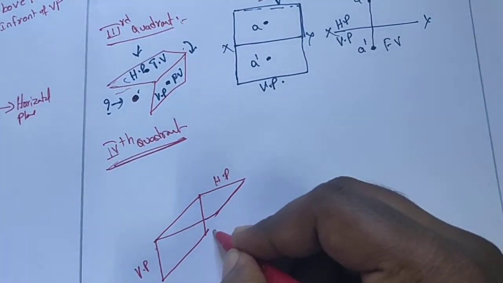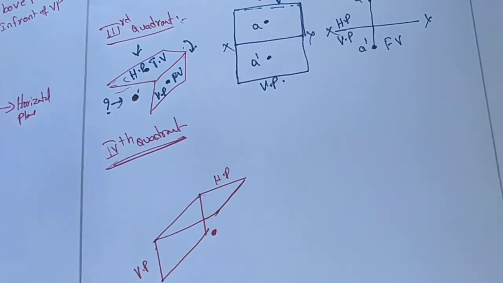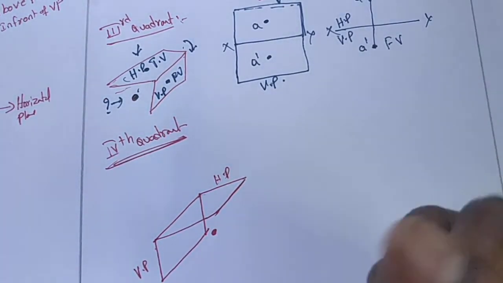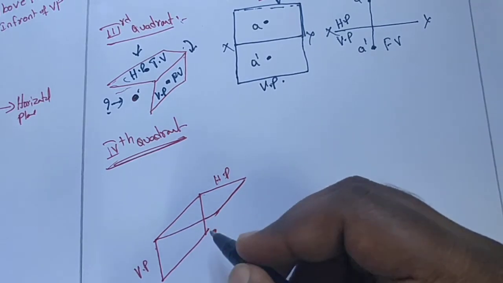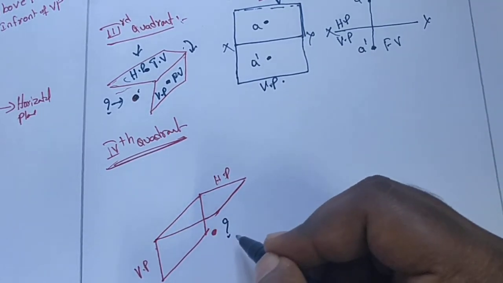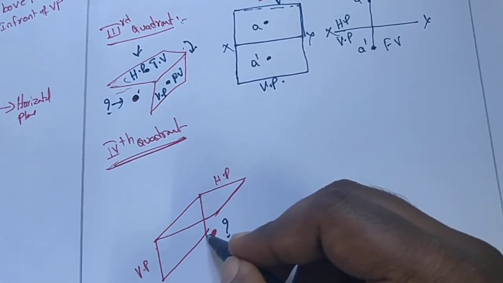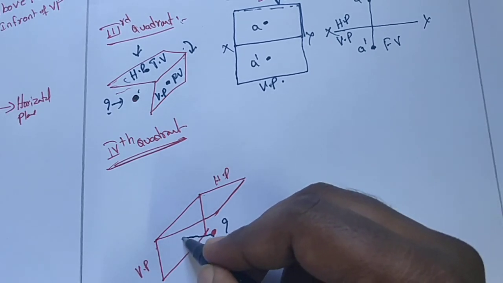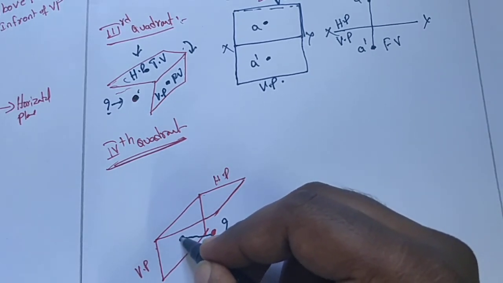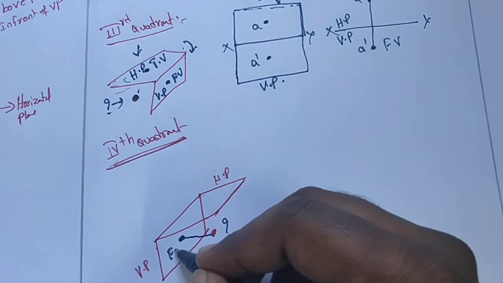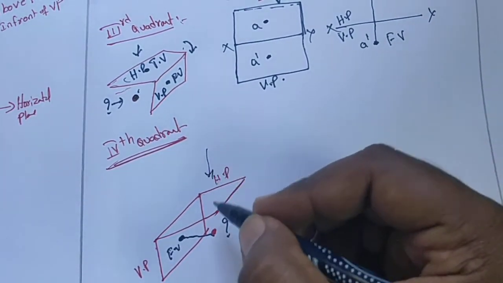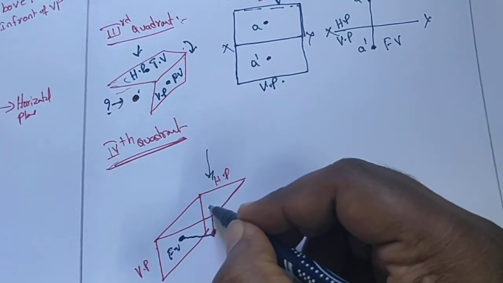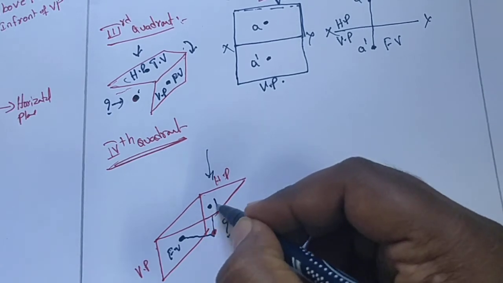Suppose any object is in the fourth quadrant, it is below HP and in front of VP. If you view this object from here, this projection is developed on VP. It is known as the front view.